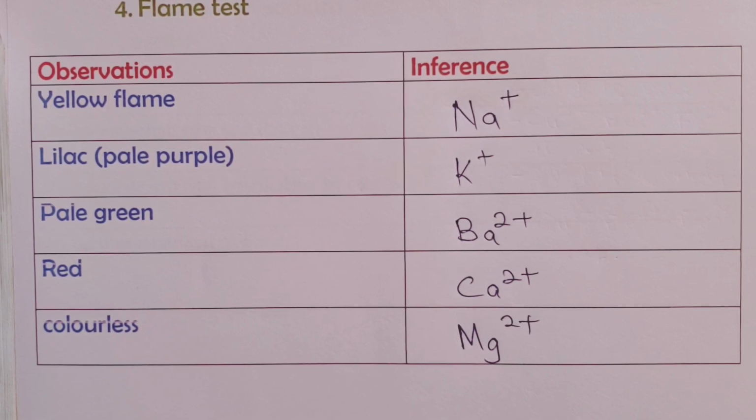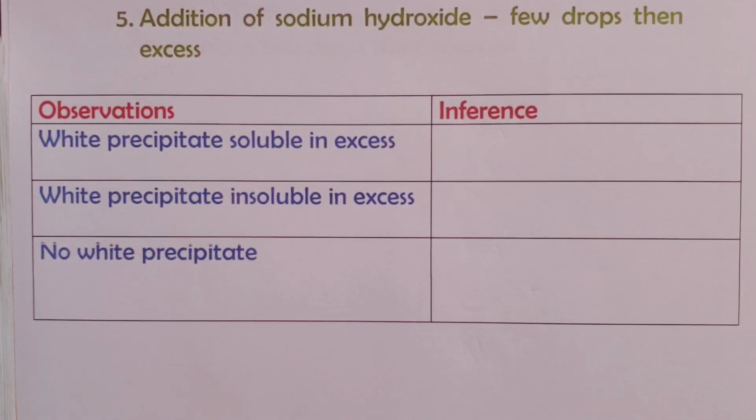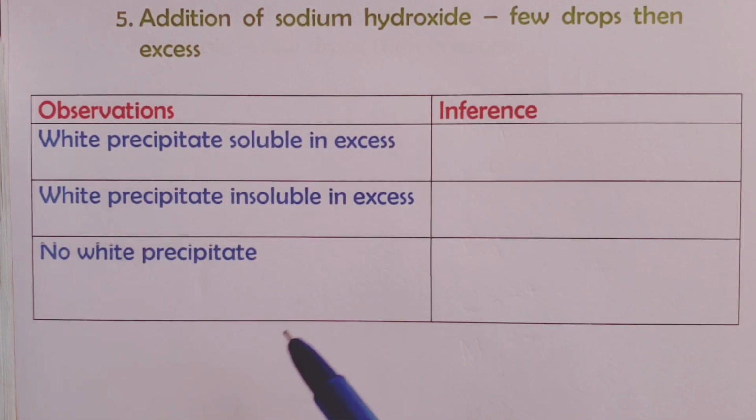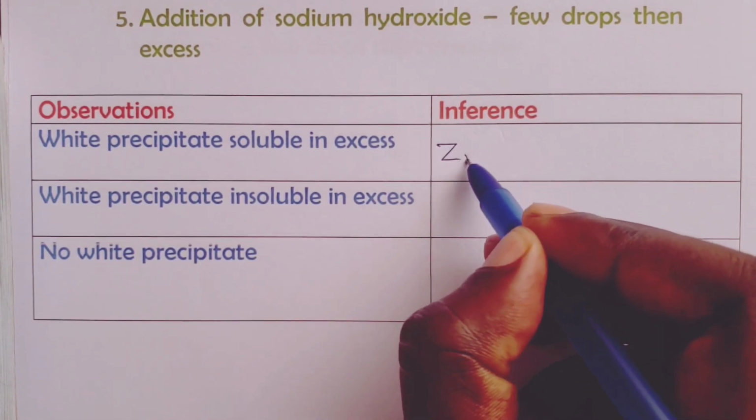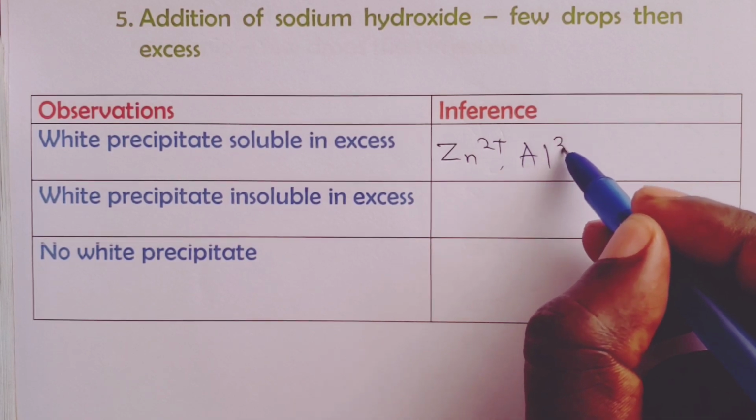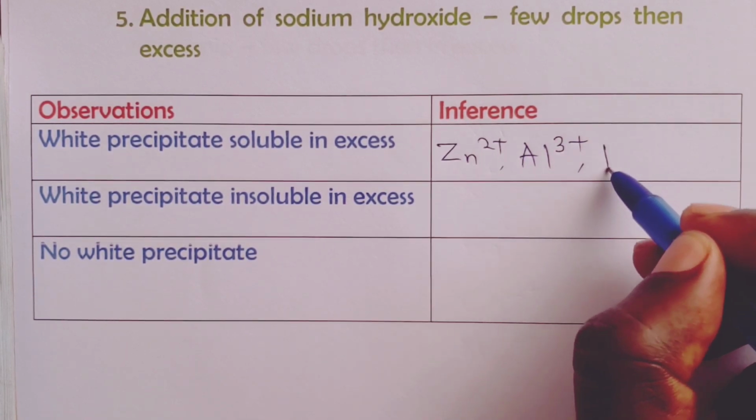Let's proceed now to addition of sodium hydroxide solution. Addition of sodium hydroxide is a very common test, and we once did a very conclusive video on the same. So when you see a white precipitate which is soluble in excess, please remember ZAP. Zinc present, or aluminium, or lead.